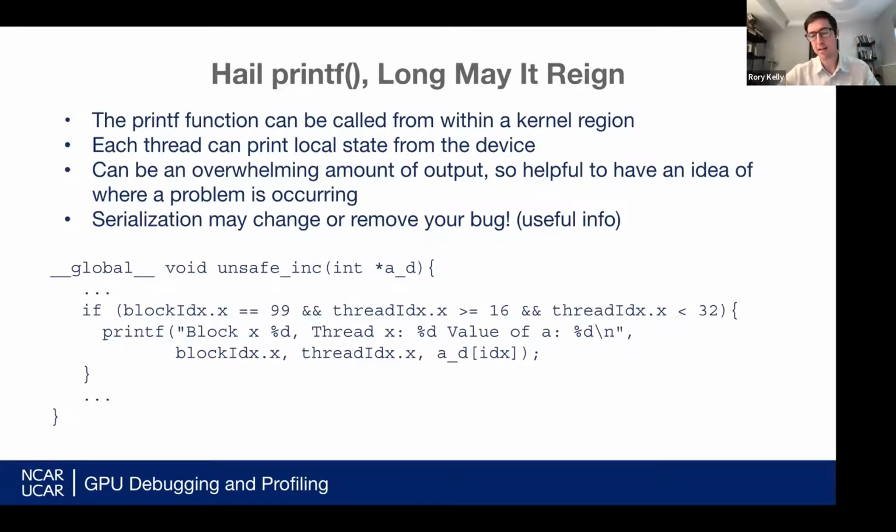So if you have an idea of what part of the code might have a problem, if it's around the boundary of some data structure, and you can have only the threads that would be hitting that boundary do some printing, then printf can be a pretty useful tool.